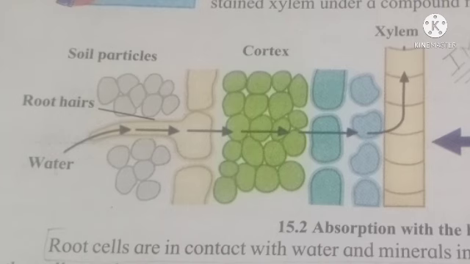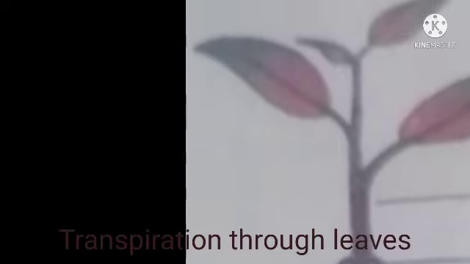As it becomes turgid, the water, you can see the arrow going ahead, is pushed into the cortex cells, and then from the cortex it is further pushed into the xylem, and from the xylem it is pushed in an upward direction. That is how root pressure exactly works.